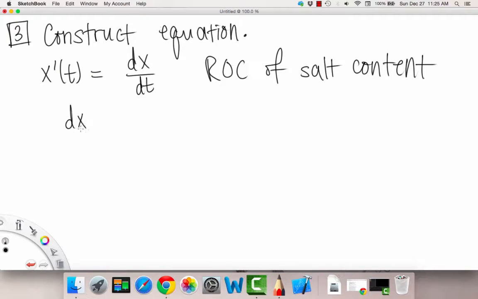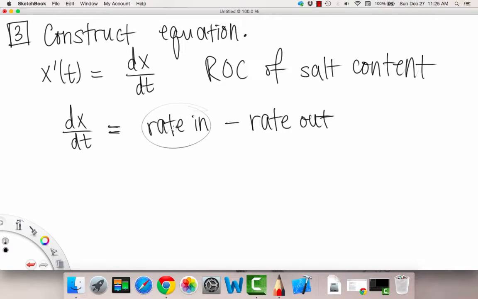This, simply written in plain English, would equal the rate of salt going in minus the rate of salt leaving the tank at any given time, right? So this is basically what we have here, and this is called like the balance law or something like that, where we're just breaking up what's going on physically, okay?